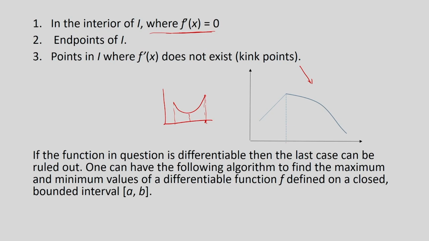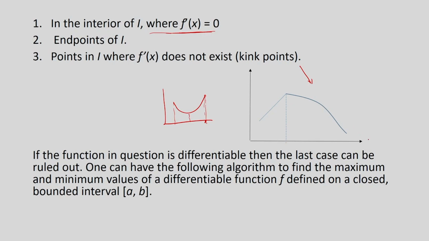So, only these three possibilities can arise if you have a continuous function defined over a bounded and closed interval, and you have extreme points. If the function in question is differentiable, then the last case can be ruled out.